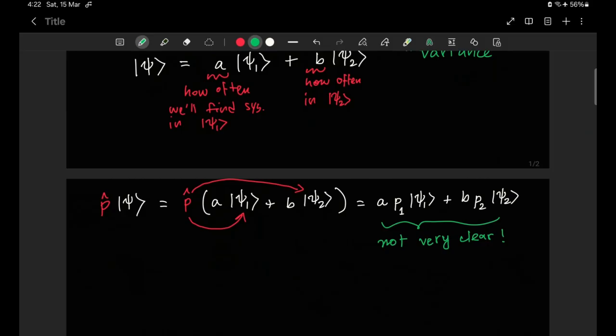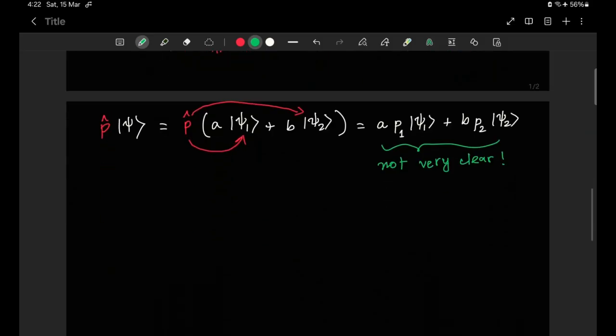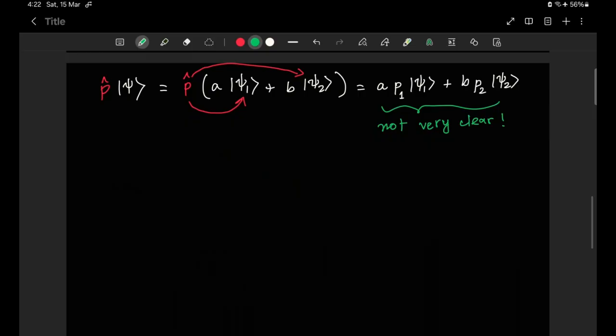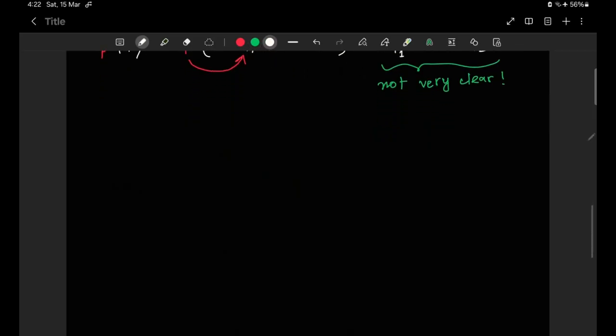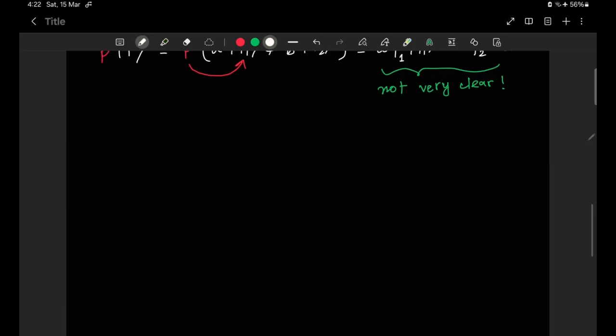So now we'll understand this kind of a measurement, where we measure the momentum operator on a state that is a combination of different states, in a later video. But for now, we'll take a detour and just understand the very basic tools from statistics that we would need to understand the fundamentals of quantum.